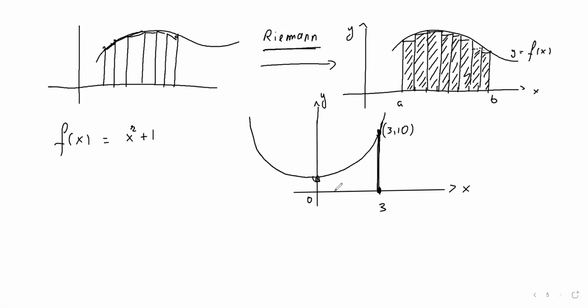And just to have an approximation, just a fun exercise, let's divide this interval into 3 equal parts. And let's take a rectangle that touches the graph here, and it's going to be this one. And let's take another rectangle that touches the graph here, and it's going to be this one.